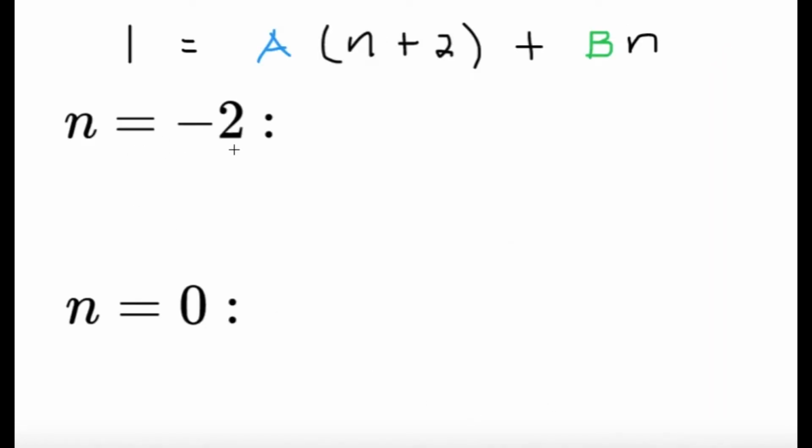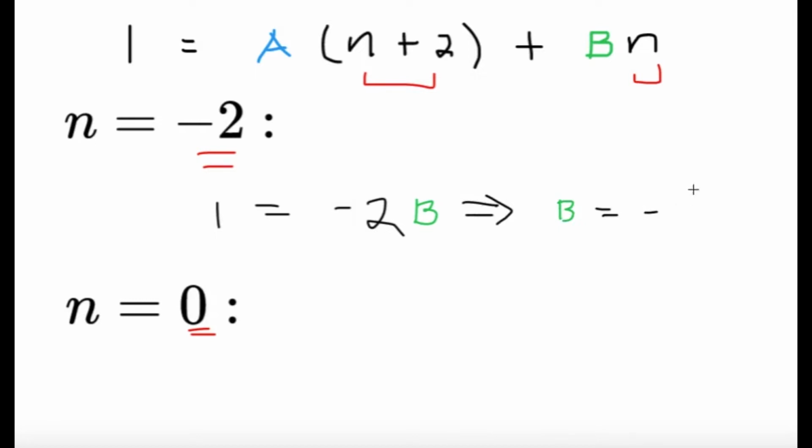So n equals -2 and n equals 0. Why these 2 numbers specifically? Because it makes one of the terms equal to 0, so we can solve for one of the variables. If n equals -2, then 1 equals b times -2, so that's -2b. If we solve for b here, we get that b equals -1/2.